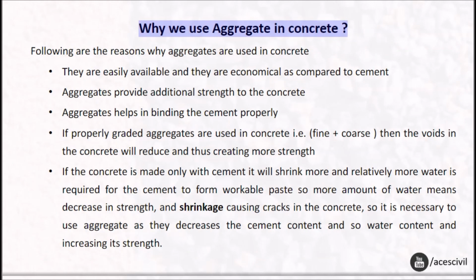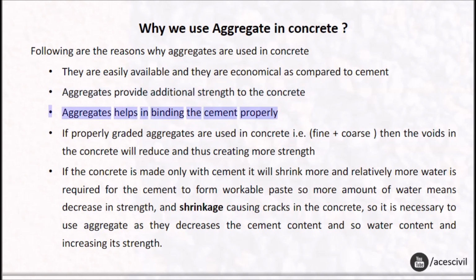Why we use aggregate in concrete. Following are the reasons why aggregates are used in concrete. They are easily available and they are economical as compared to cement. Aggregates provide additional strength to the concrete.